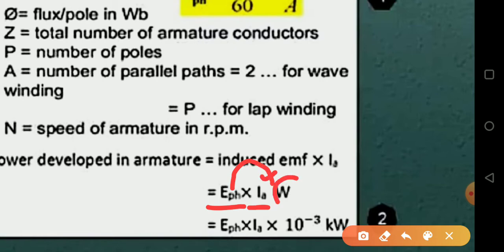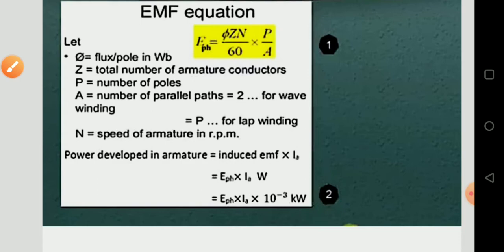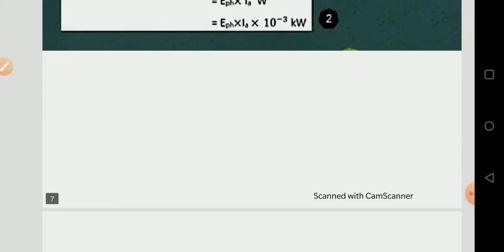The unit for the power developed is watt. If we want to represent it in kilowatt, we multiply by 10 to the power minus 3. So power developed in kilowatt equals EPH into IA into 10 to the power minus 3. So this is the output equation for the DC machine.